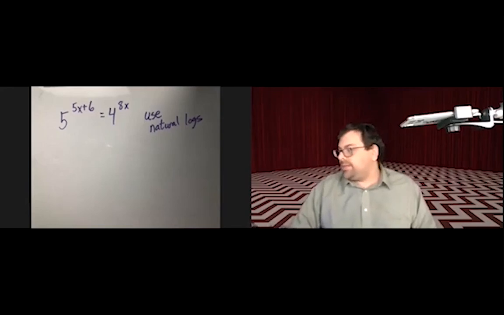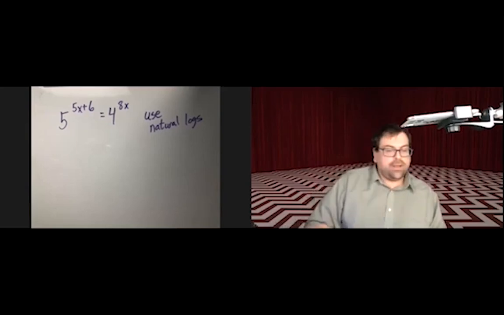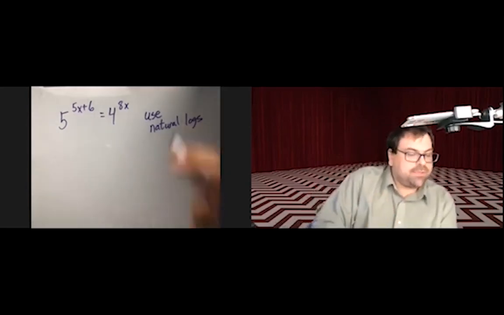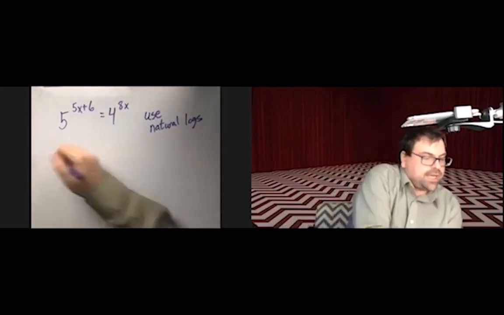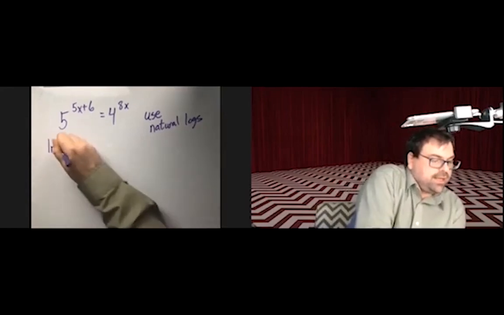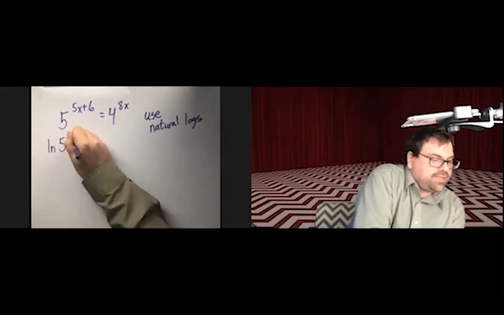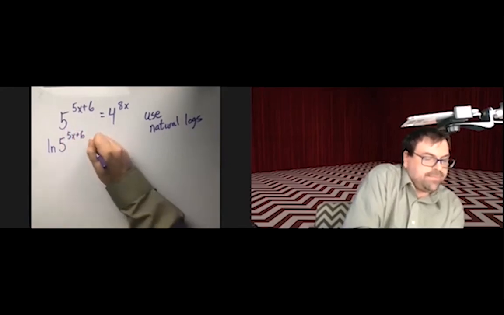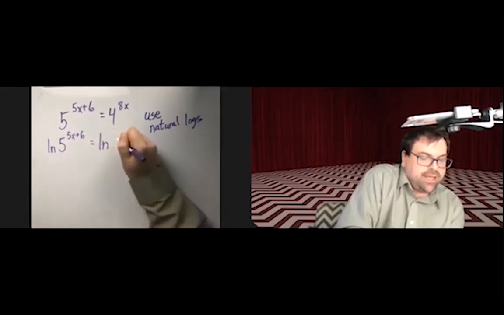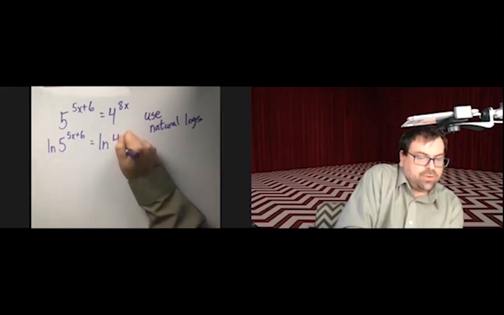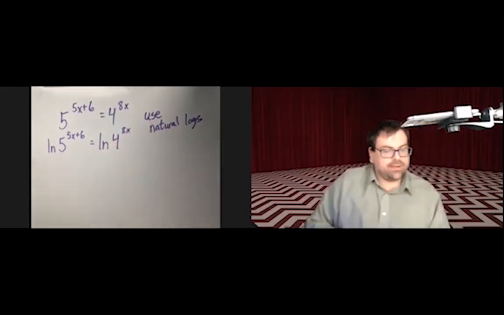What that's telling us is your first step is to take the natural log of both sides. Ln of 5 to the 5x plus 6 equals ln of 4 to the 8x.